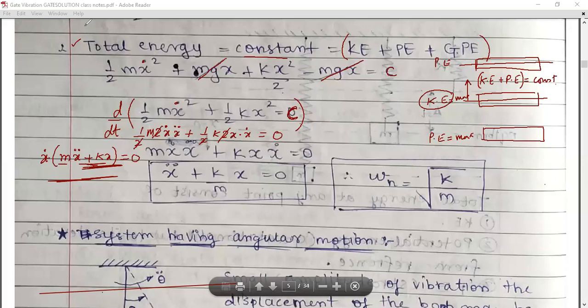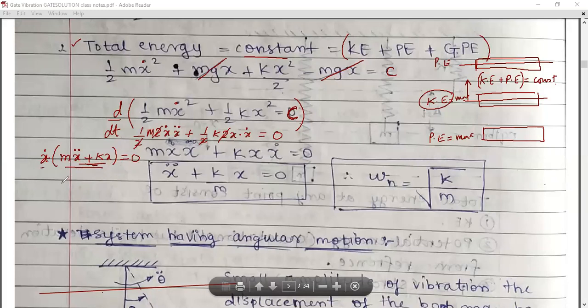The product of x dot and this equation is equal to 0.